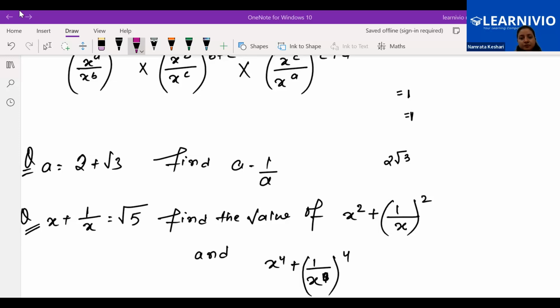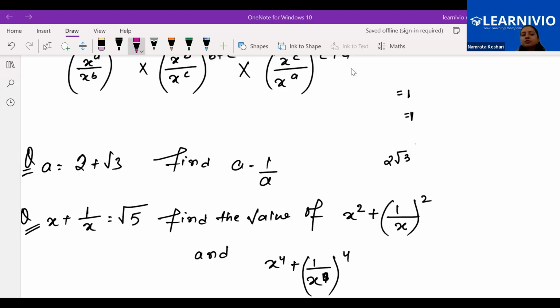x square plus 1 by x square is 3 and, wait, x to the power 4. Okay, one of them is 3, another is 7. Let's check it.